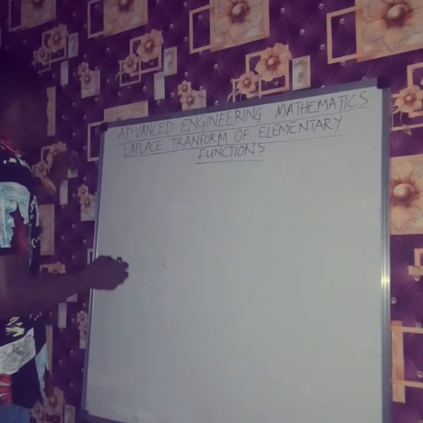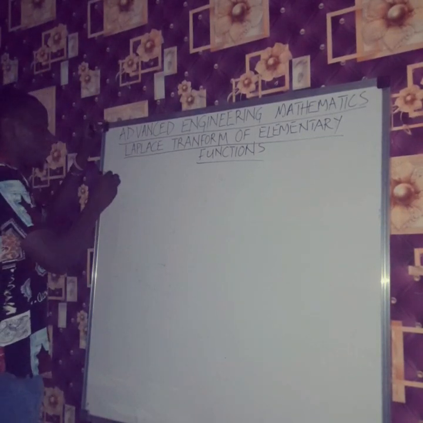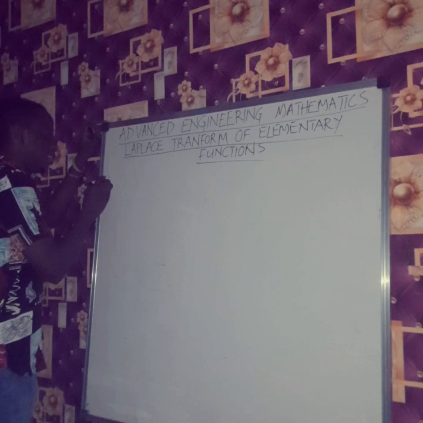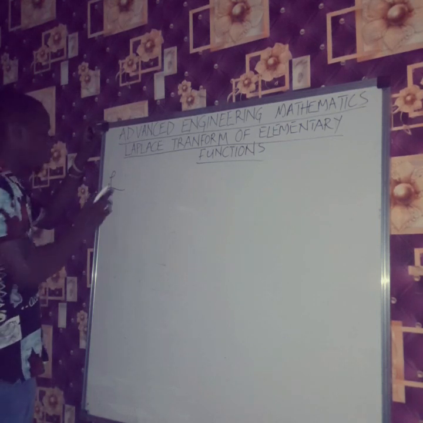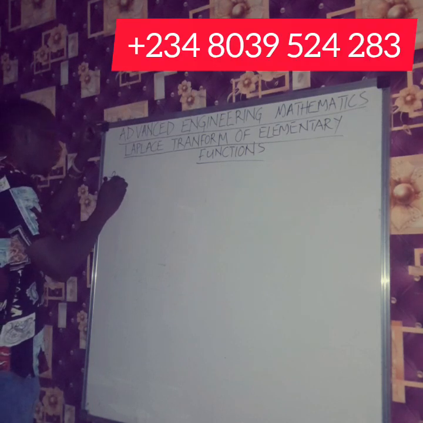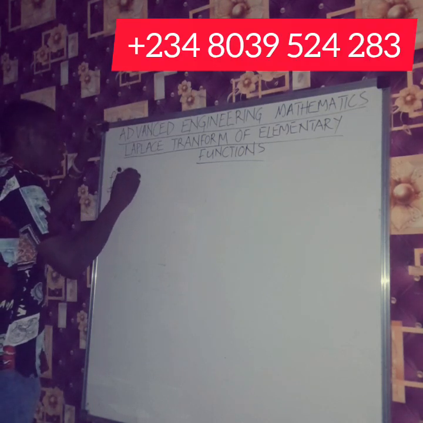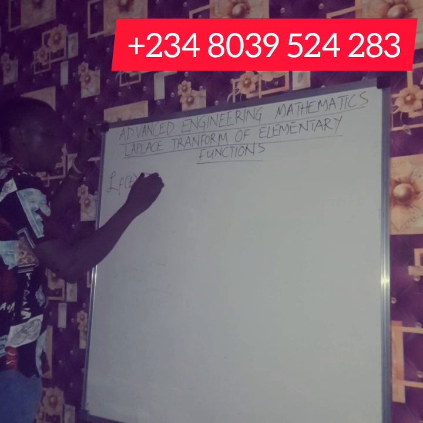So here we look at the first one. Remember in the previous class we said that this sign denotes what? Laplace. So Laplace of a function f of t is equal to what?